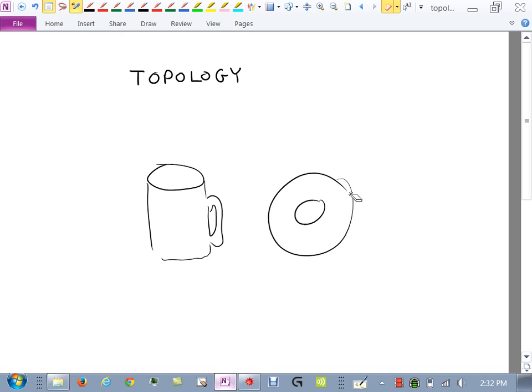Well, a coffee cup and a donut. I mean, we can sit here and talk about what the differences between a coffee cup and a donut are very easily, right? You don't eat your coffee cup, right? Donuts taste good, right? We can describe differences and similarities between these two physically, visually, right? But mathematically, how are they different or the same?